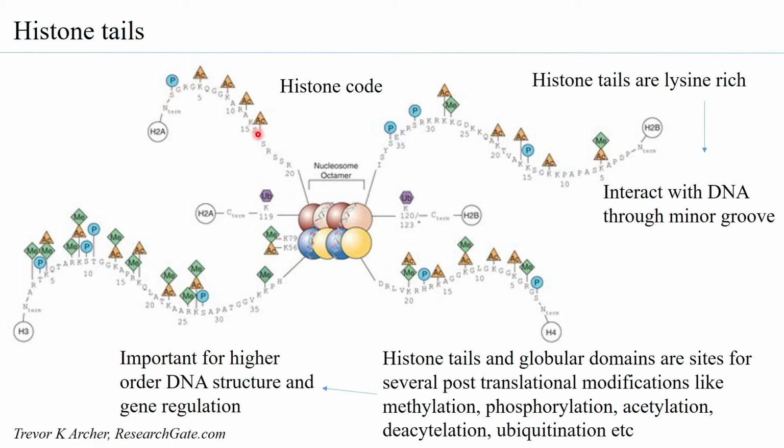So when you have four acetyl groups and one phosphate, that is one code. When you have two acetyl groups and one phosphate, that can be a second code. Similarly, when you have methyl groups along with acetyl groups at specific amino acid residues, this can be another code.